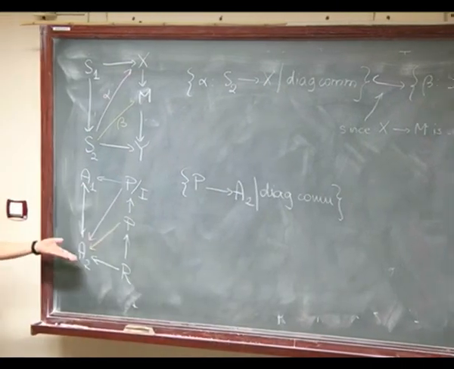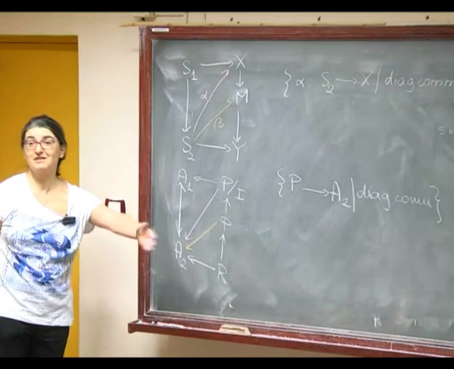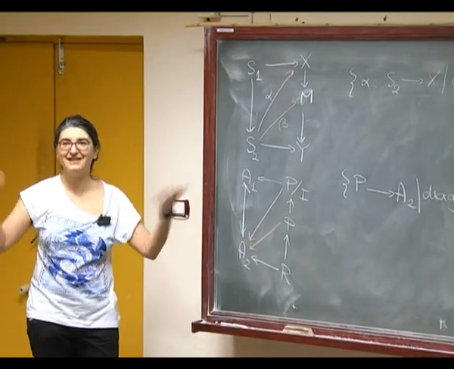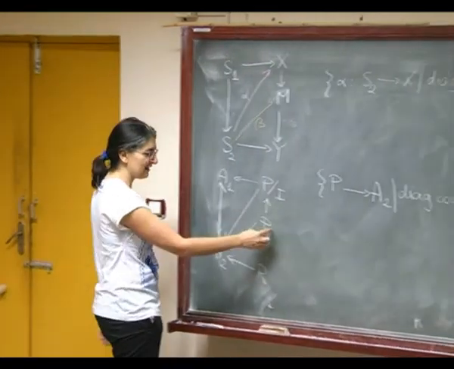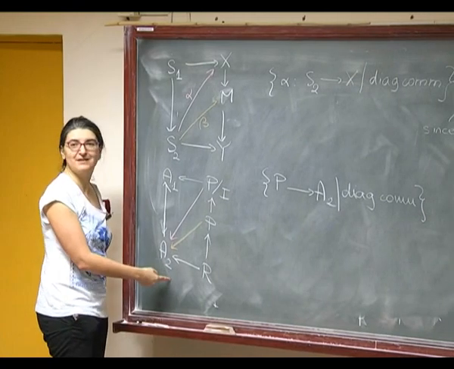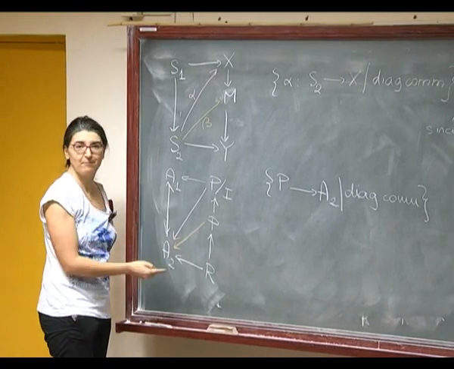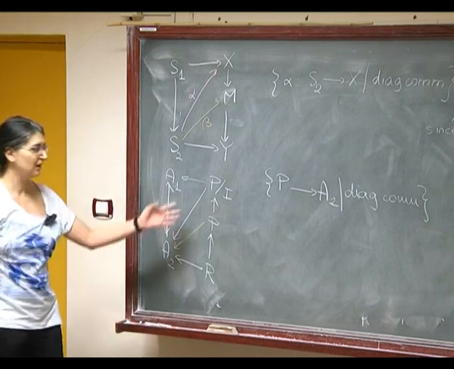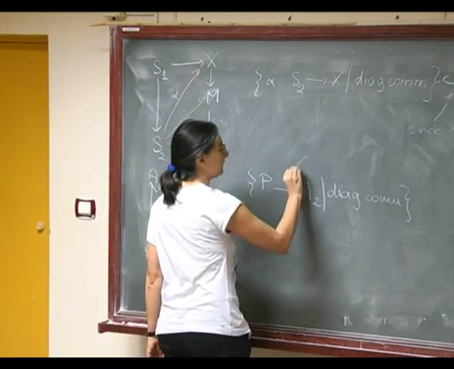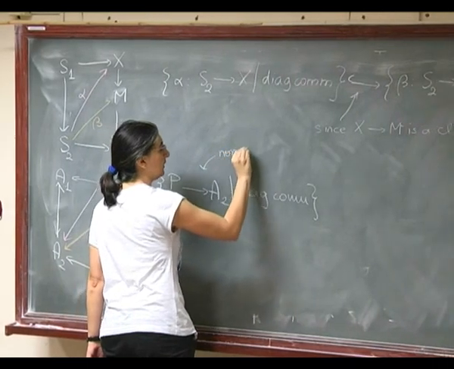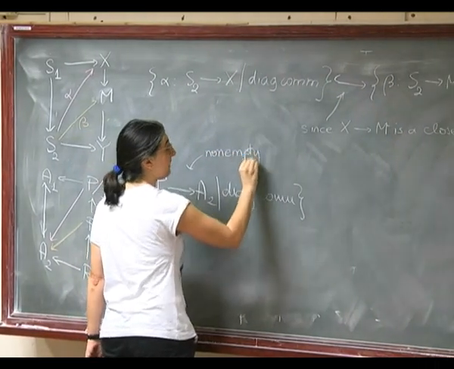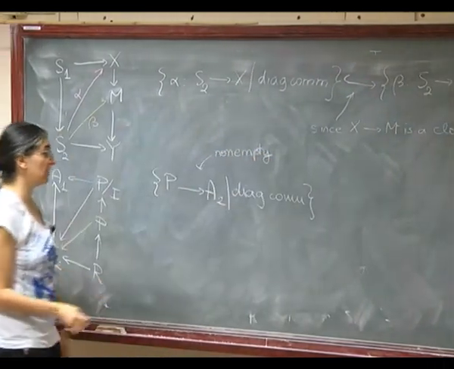And this is clearly not empty because P is free, so anything will do. I just take n free elements here that lift the given ones and I'm fine. So this is non-empty, and so by the lemma, this is a principal homogeneous space.